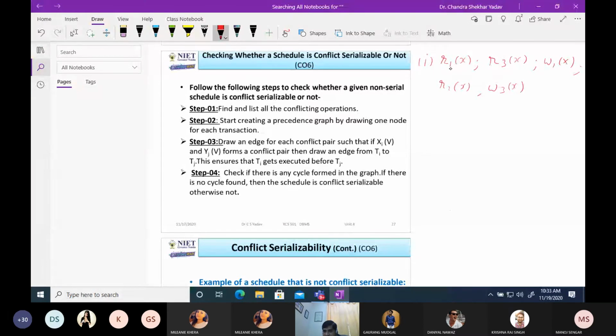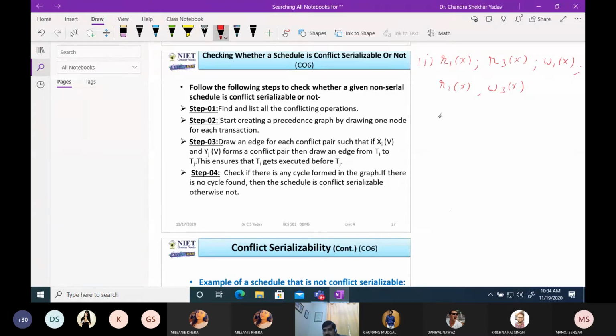This subscript represents that T1 transaction performs read operations on data item X. This subscript represents T3 transaction performs read operations on X. W1 means T1 transaction performs write operations on X, and the meaning of this is T2 transaction performs read operations on X, and the meaning of this is T3 transaction performs write operations on X.